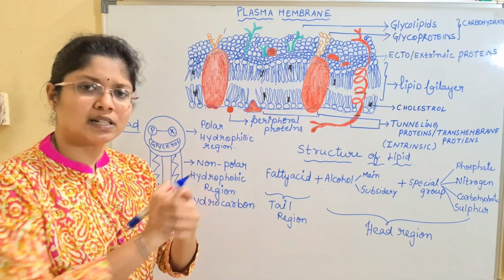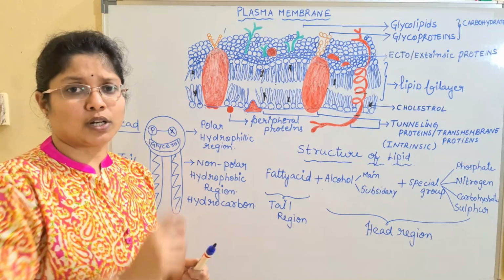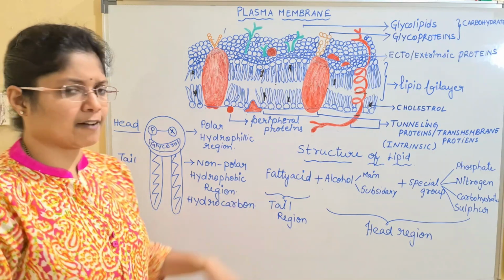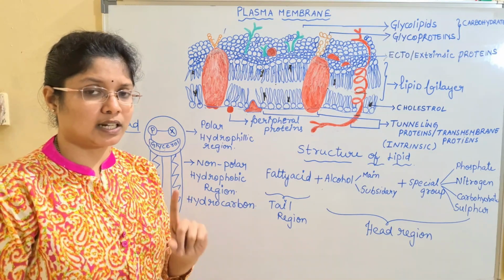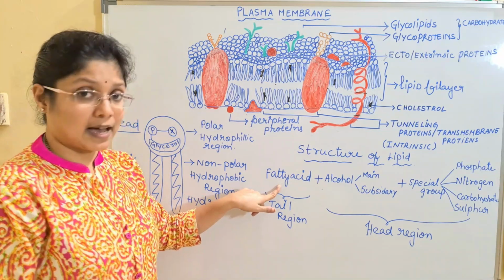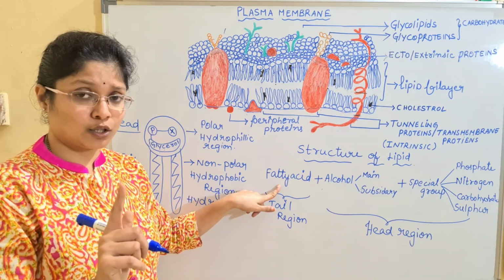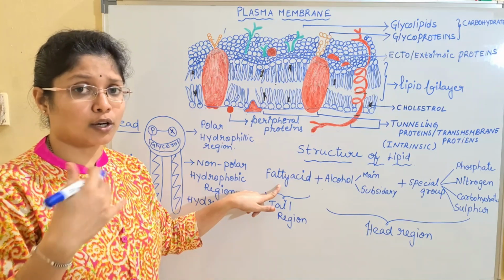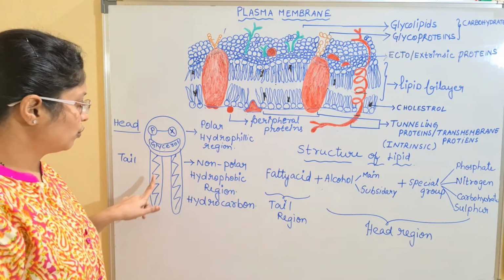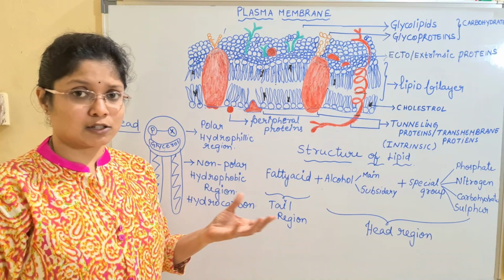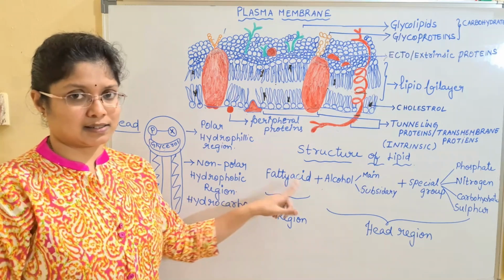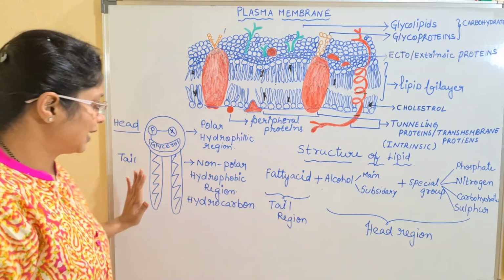What components are present in these lipid molecules? They have mainly three components. What are the three components, children? One, they have the fatty acid molecules. It may be one tail or two tails like this. If there are two, we have two fatty acid tails, or sometimes only one fatty acid tail. That will constitute the tail region.